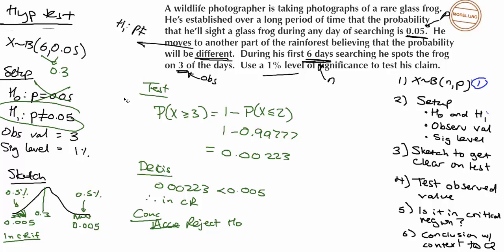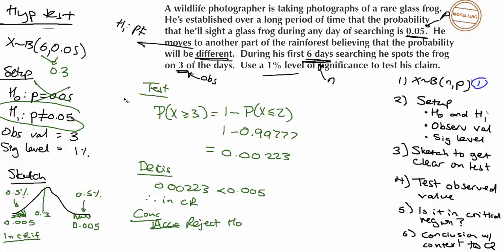Just in terms of the context, make sure you read this. He believes the probability of spotting the frog is 0.05, but he's gone to another part of the rainforest believing the probability will be different, and this time that is true.